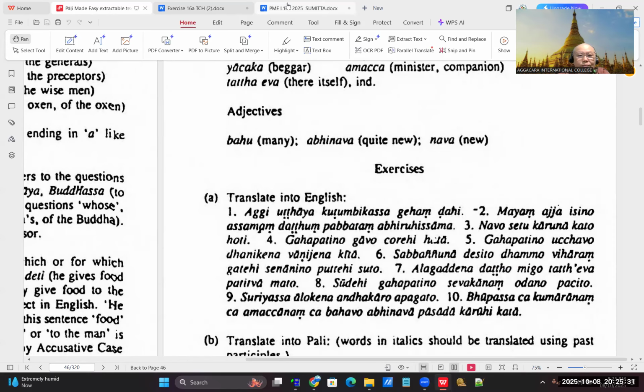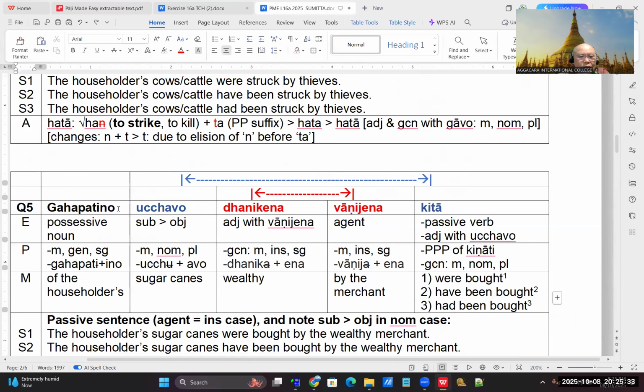Okay, now, this one. Genitive plural, gahapati. Uchawo, sugar canes, awo. Remember garu, garawo. Awo means it's plural here. Kita, were bought, had been bought by the merchant, instrumental.